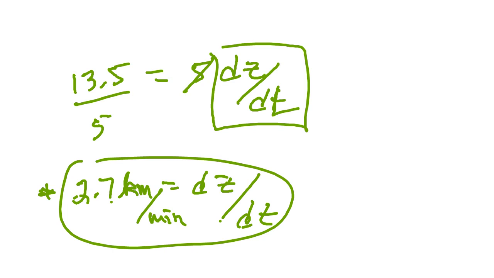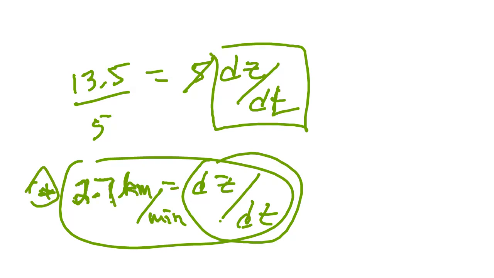So the way we interpret this is that dz/dt is the line of sight from the Statue of Liberty to the plane, and since it's positive, the line of sight is increasing at a rate of 2.7 kilometers per minute at the point in time that you're 20 seconds, or a third of a minute, into the flight.